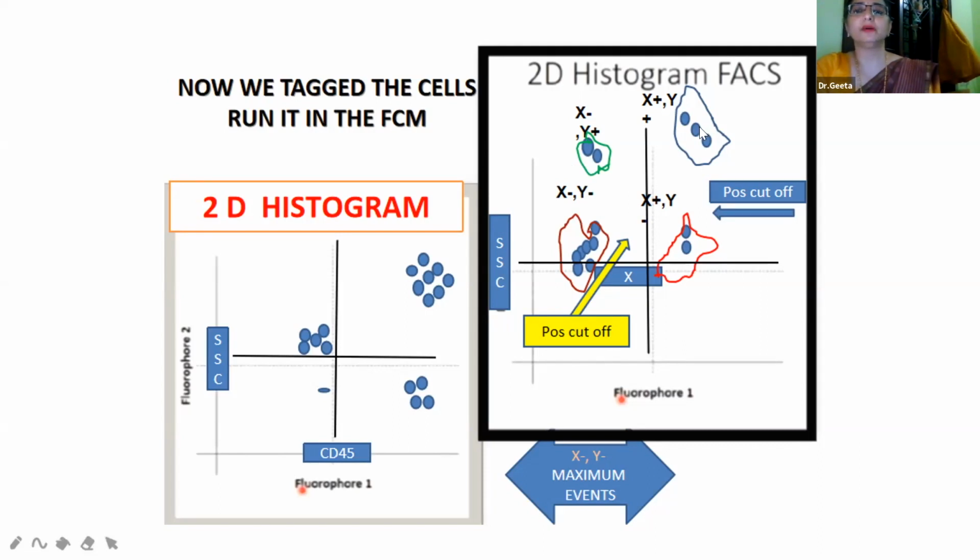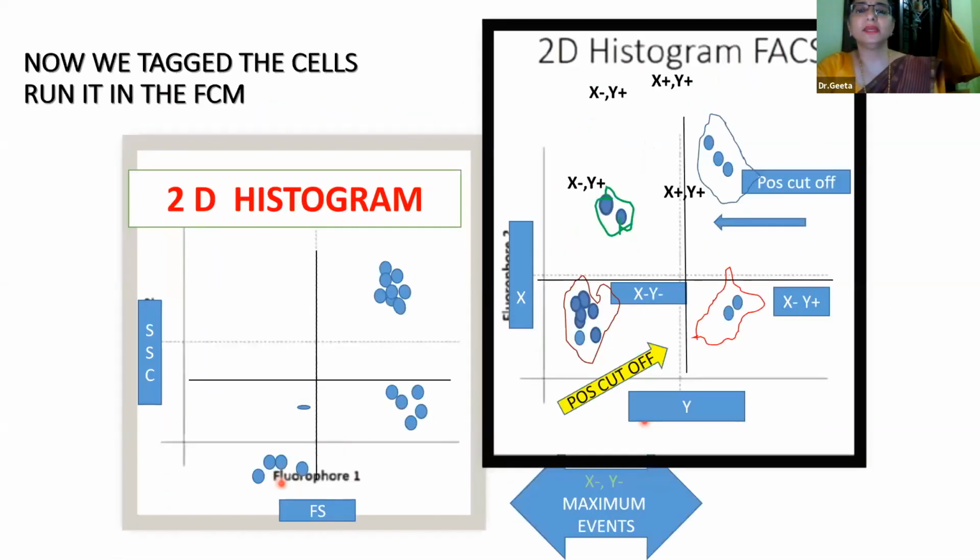Similarly, as we move to the next quadrants, the positivities vary. And these positivities are assigned according to the normal controls that we use, which determine the actual cutoff points. A normal positive control of X antigen would determine the minimal positivity required for this antigen, and the normal cell which expresses Y will determine the minimal positivity for this antigen. Therefore, this cutoff is set after seeing the positivity in a normal population.